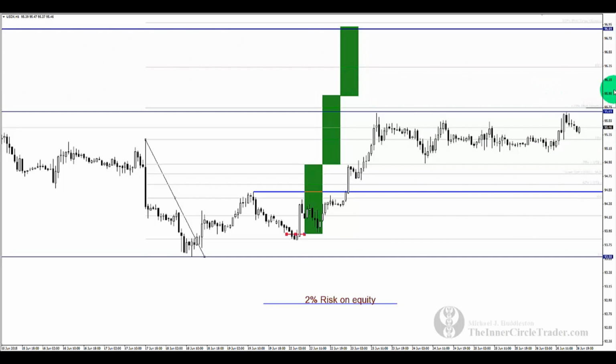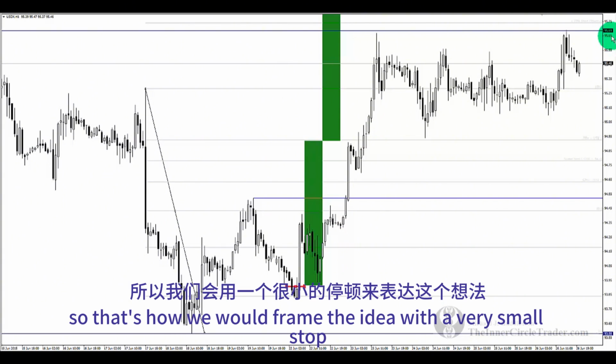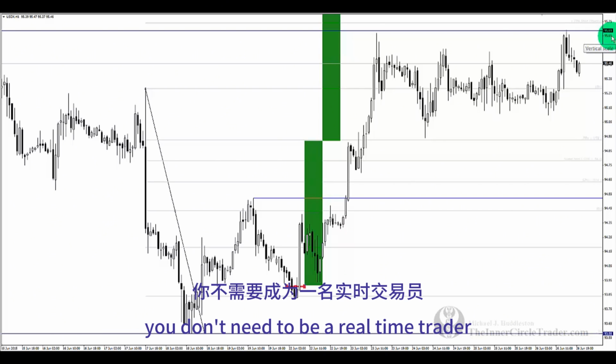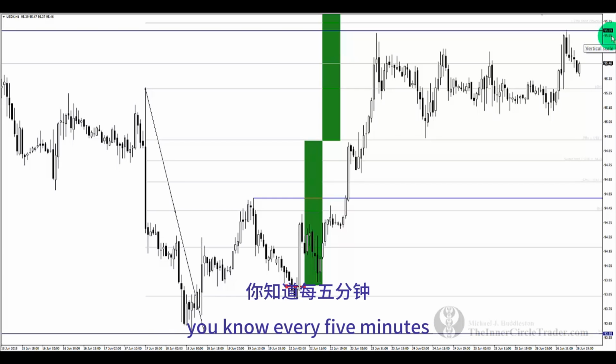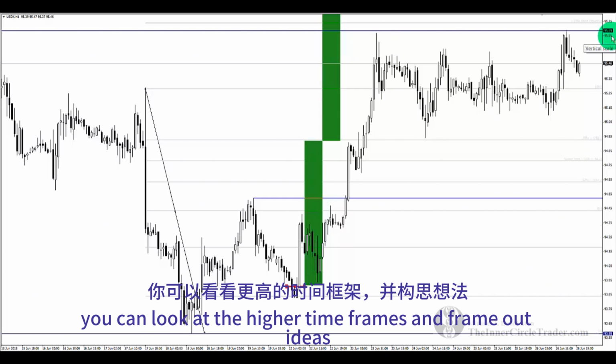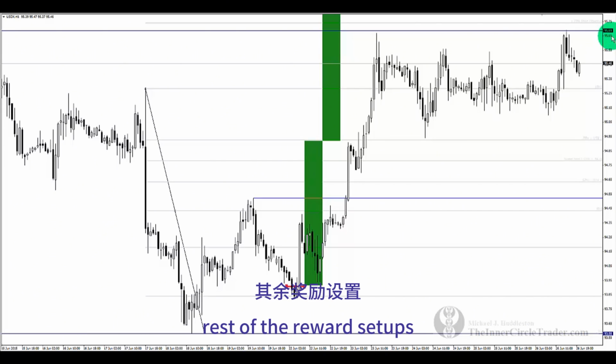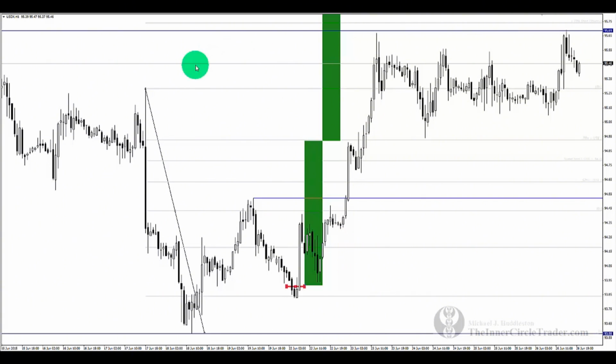So that's how we would frame the idea, with a very small stop outside the scope of being a real-time day trader. You don't need to be a real-time day trader. You don't need to be in the marketplace every 5 minutes. You can look at the higher time frames and frame out ideas and still get very handsome risk to reward setups. You don't have to take those levels out.